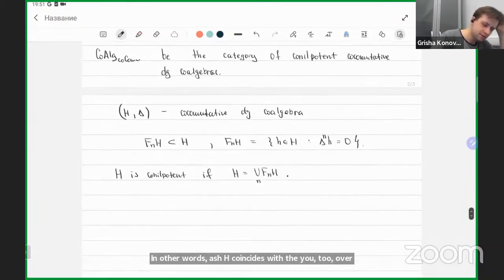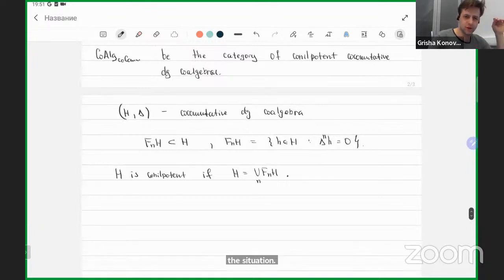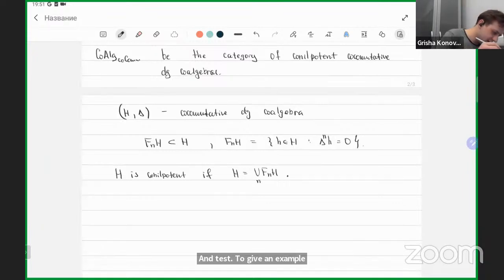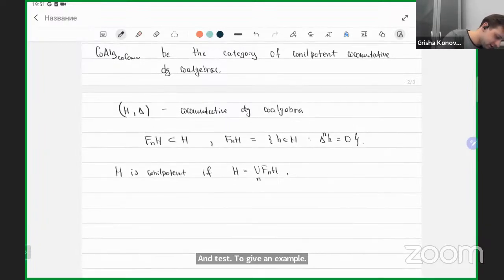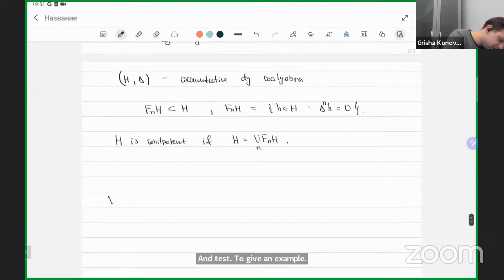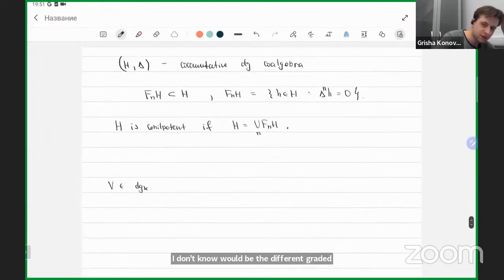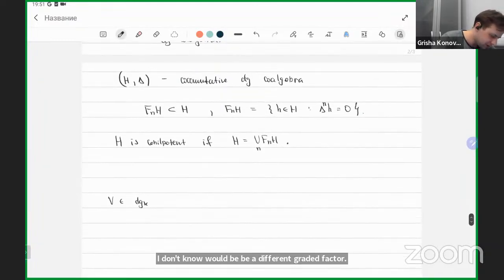Just to give an example, let V be a differential graded vector space, a complex of k-vector spaces.